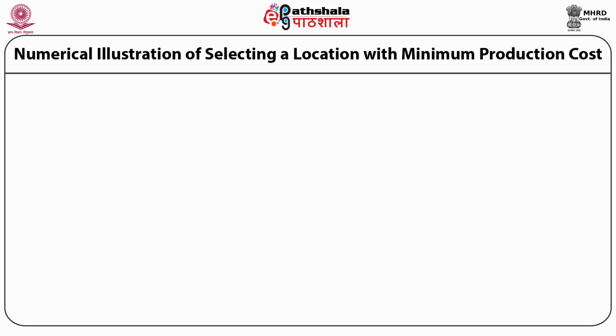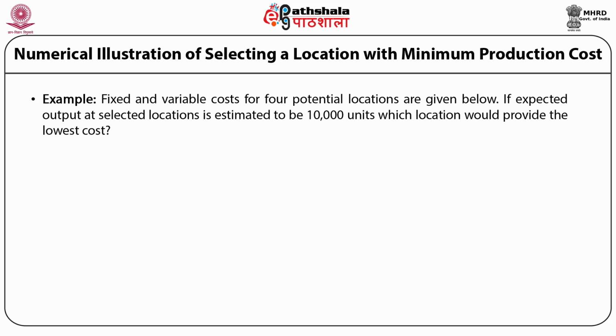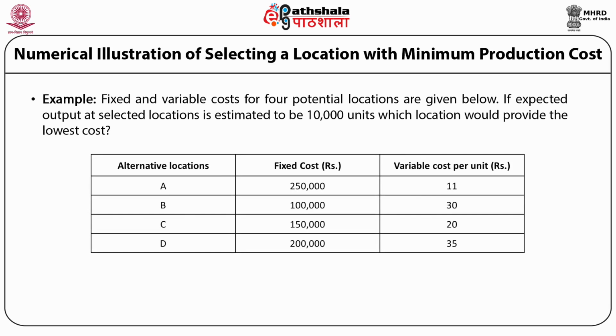This has been illustrated by the following example. Fixed and variable costs for four potential locations, that is A, B, C and D, are given in the table. For instance, fixed cost for location A is 2,50,000, for location B 1 lakh, for location C 1,50,000, and for location D 2 lakhs.